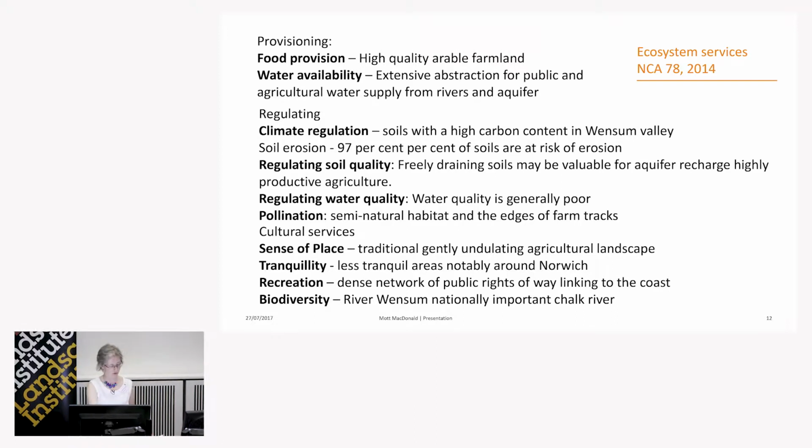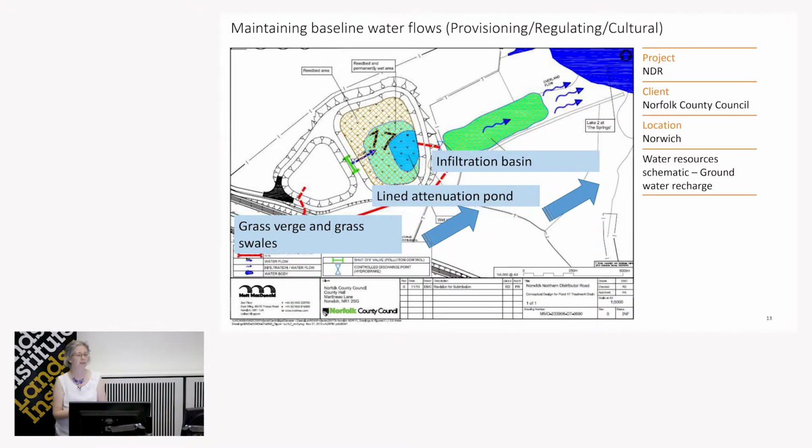So how does that change the way that we've done the design? Looking at the water elements, we had a very supportive and strong landscape lead within the council, who enabled us to be a little bit more visionary in terms of what we were doing in the road scheme.